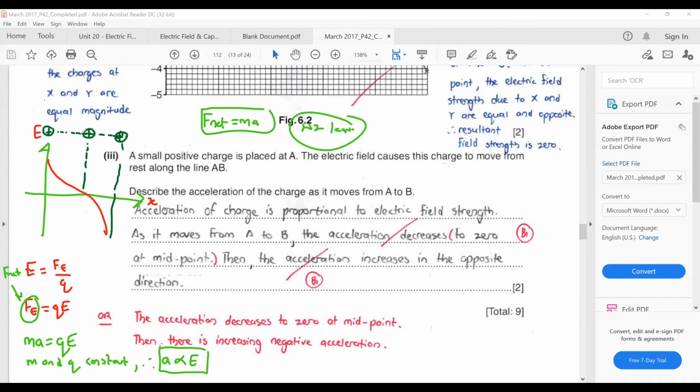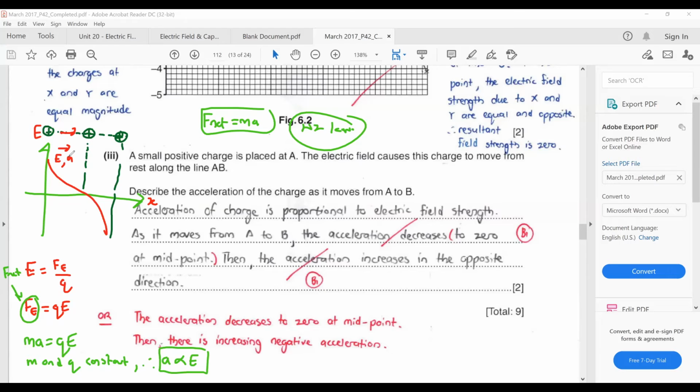If I am moving from here to here like this, my E is in one particular direction. My a is also following the same direction. If I have a positive test charge that I move from here to here, I recognize that my E was in this direction.